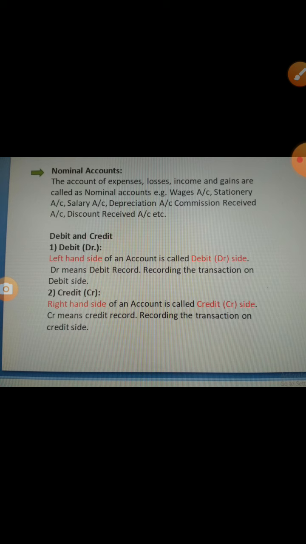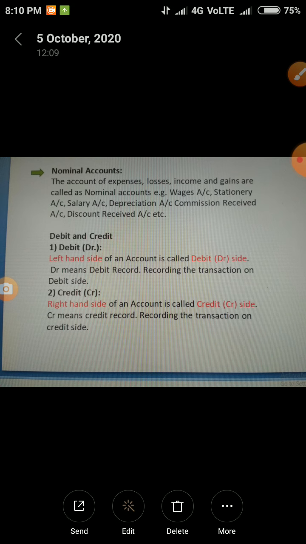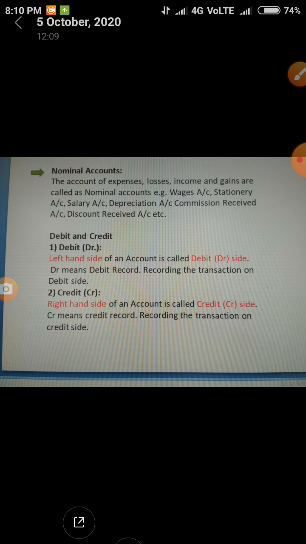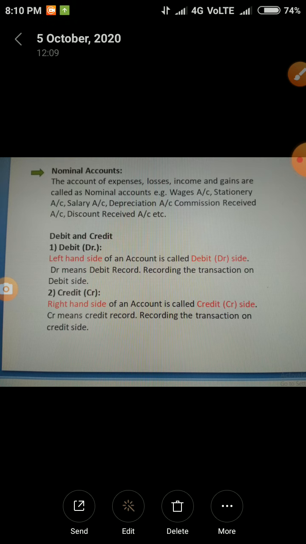Means you prepare 3 columns: personal account column, real account column and nominal account column, and whatever things I have given in the example, you must pick up each item and think whether it's related with personal account or real account or nominal account and put them in that respective head.